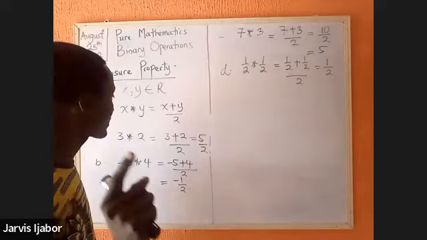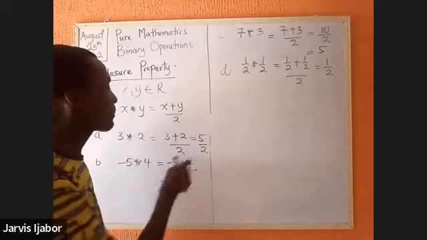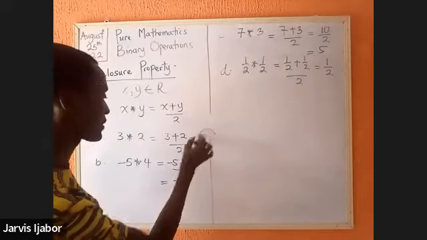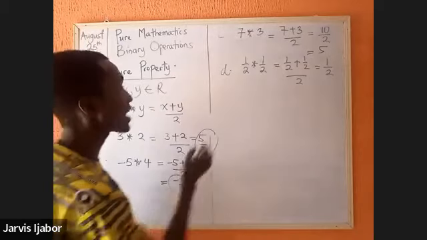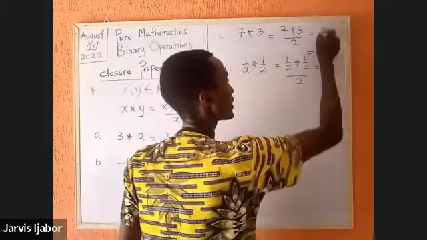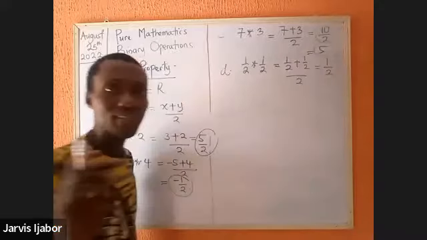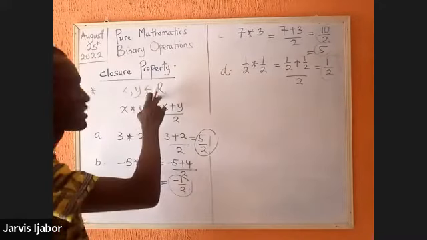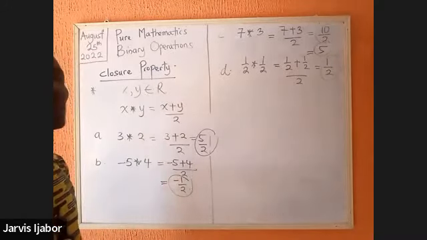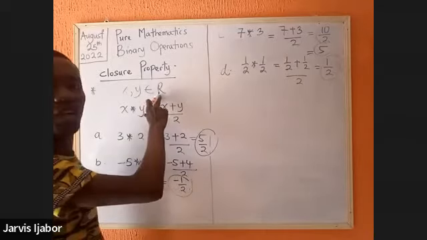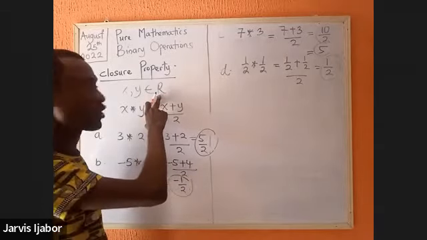What is tested is, at the end of the day, am I getting answers that are members of the set? We said earlier that the set defined here is a set of real numbers.